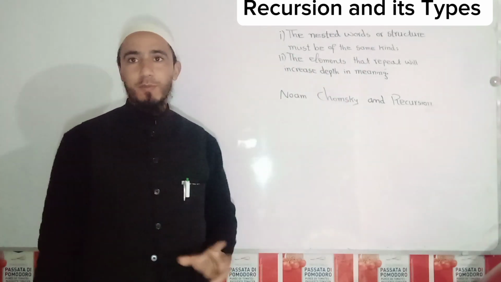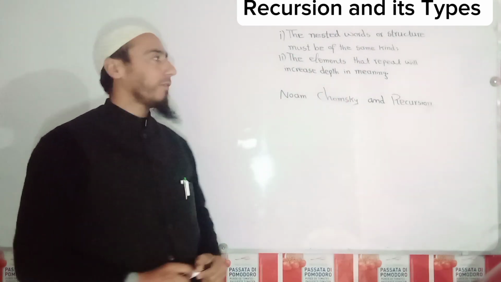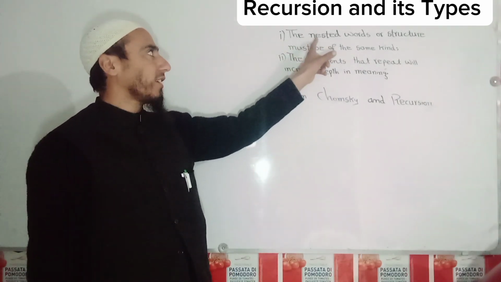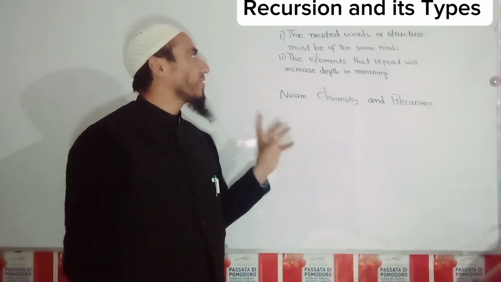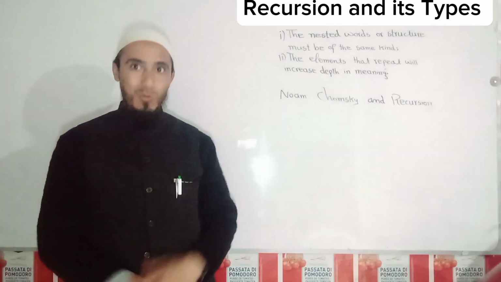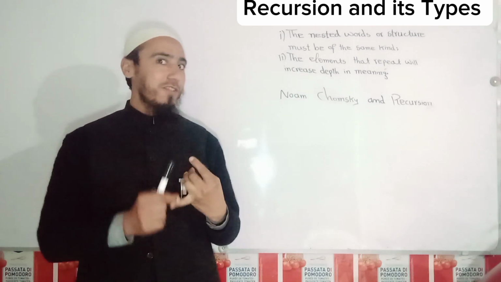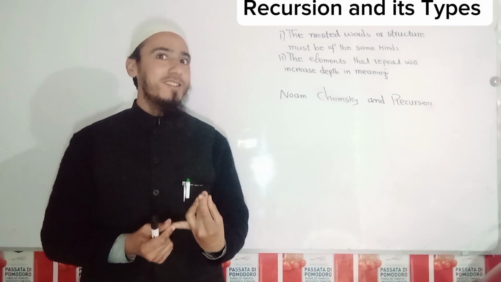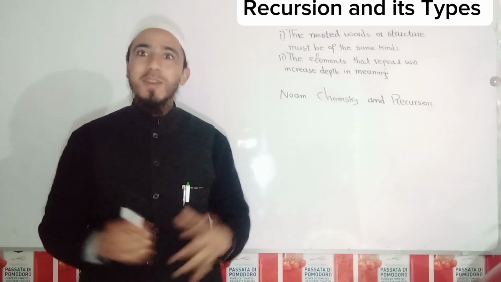What is the first property or feature of recursion? The first property of recursion is that the nested words or structures must be of the same kind. What does it mean?